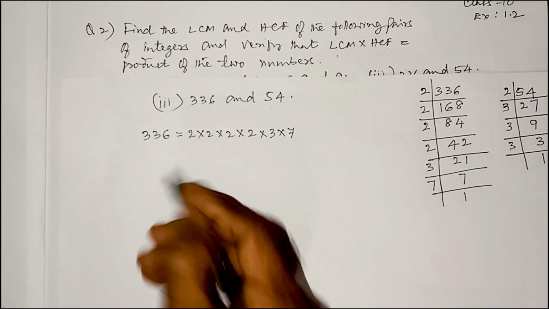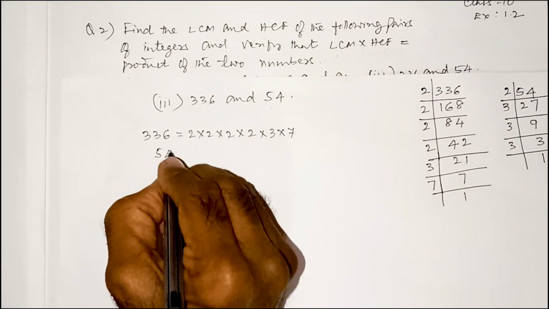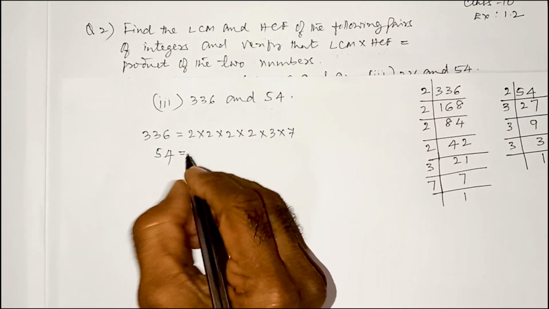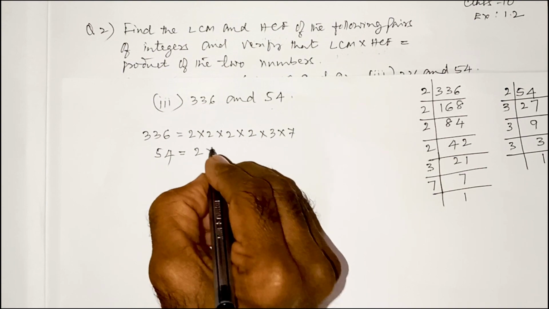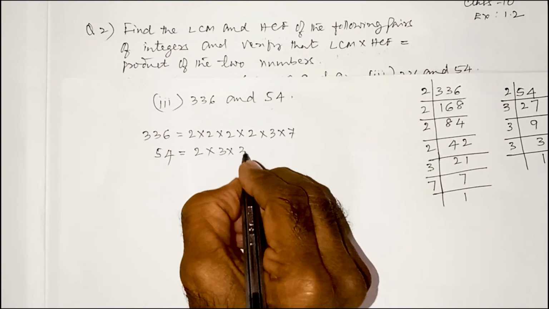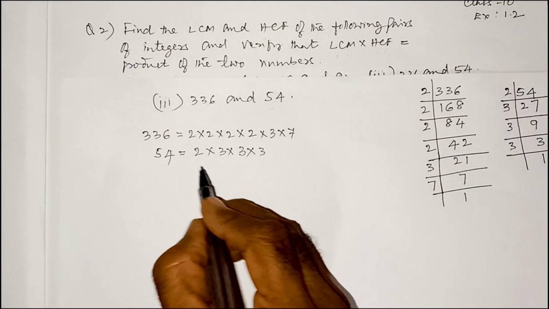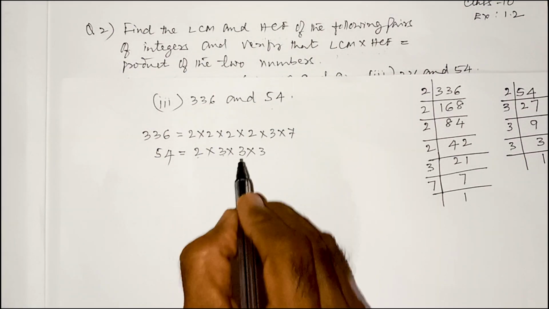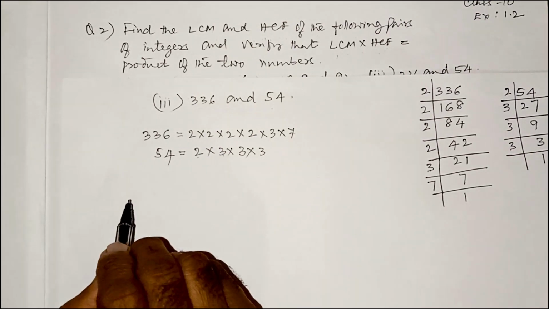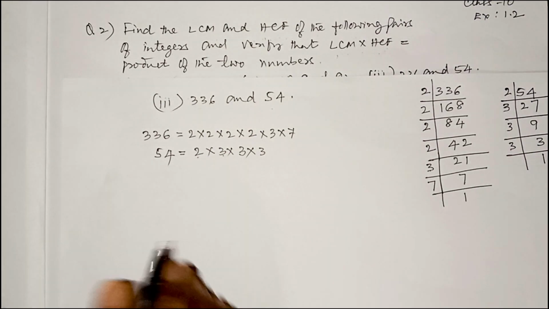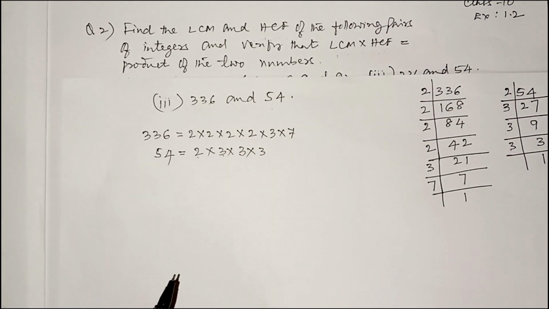Now write that down. The factors of 54 are 2 into 3 into 3 into 3. 2 into 3 cube are the factors of 54. This is the first step of answering the question.